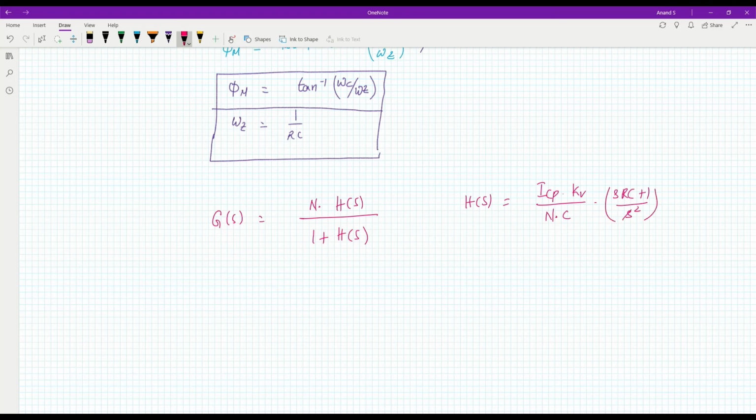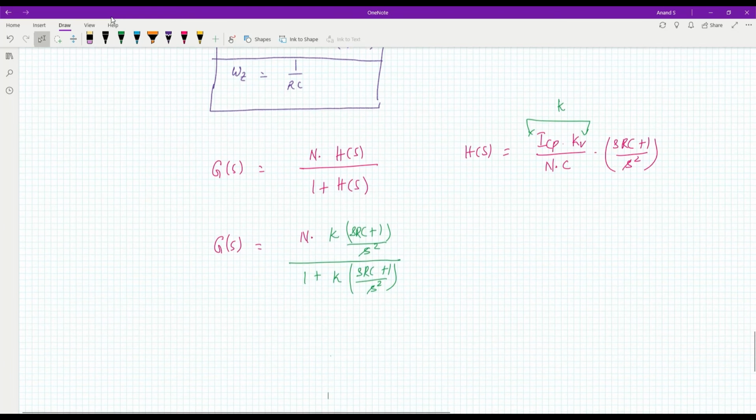Replacing that, G of s will be equal to N times ICP into, to make it simple, I can take this entire term as a value K. Then I can write this as K times (s R C plus 1) over s square divided by 1 plus K times (s R C plus 1) over s square.